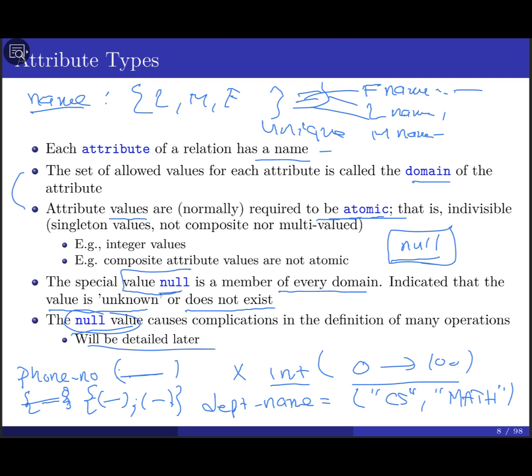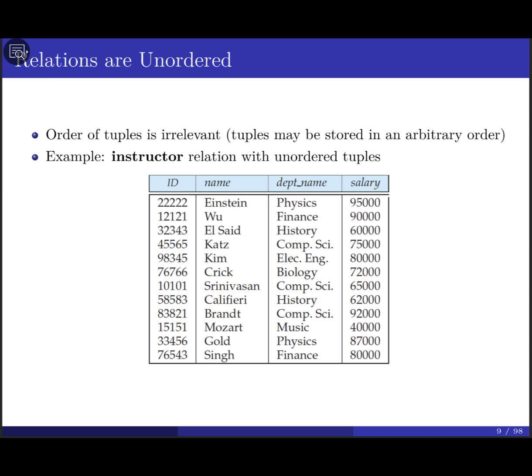But keep in your mind, we have a domain, which is a set of allowed values for each attribute, and for every single domain there is going to be a valid value called null in order to identify that the value is unknown or doesn't exist. And again, this is the instance of the relation, which is going to capture the current state of the data.